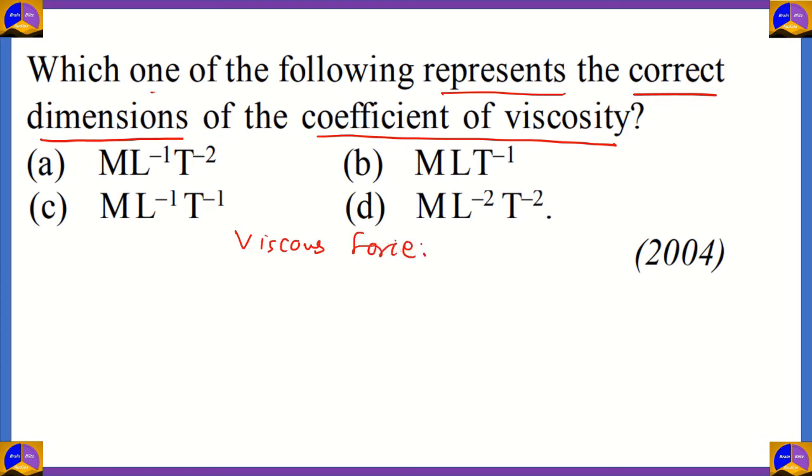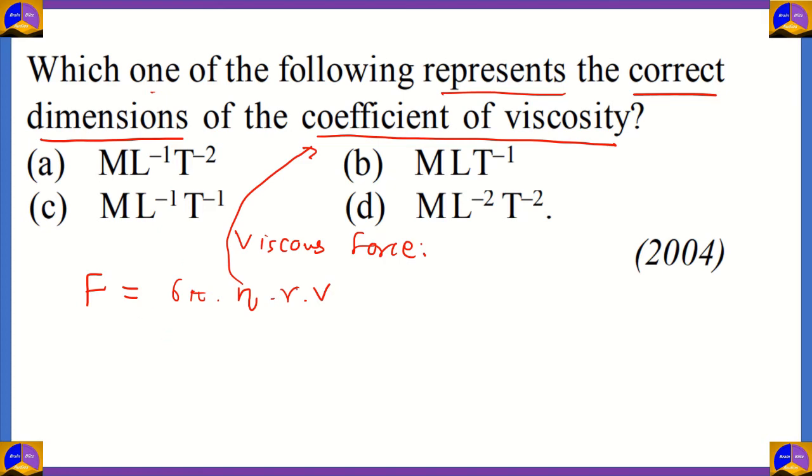According to Stokes' law in mechanical properties of fluids, the viscous force F is equal to 6 pi times eta times R times V, where eta stands for coefficient of viscosity, R stands for radius, and V stands for velocity.